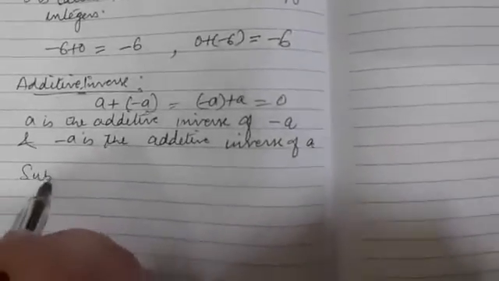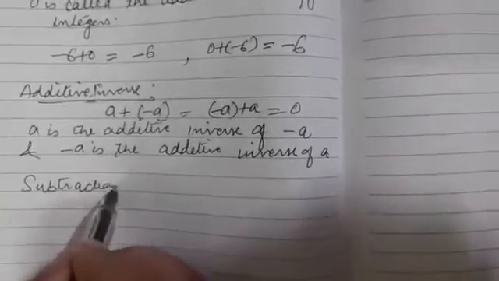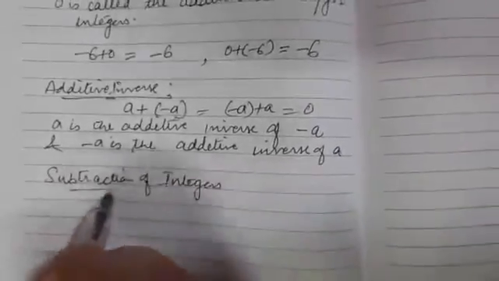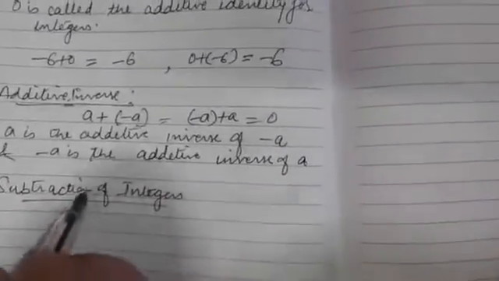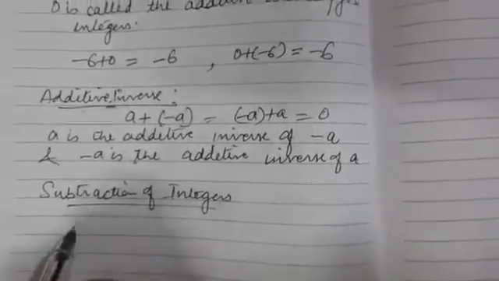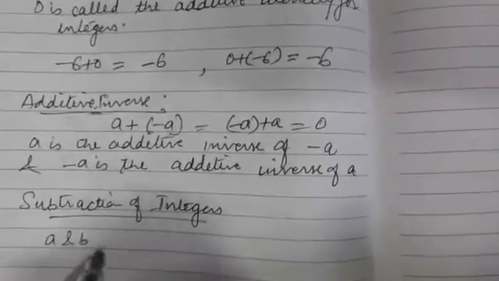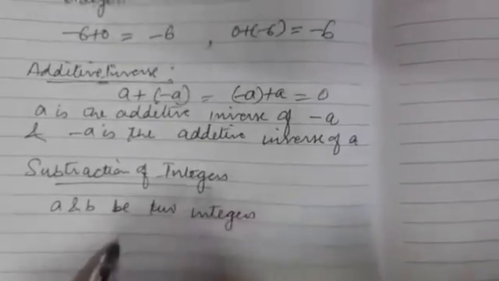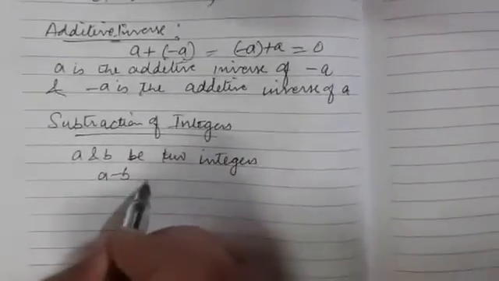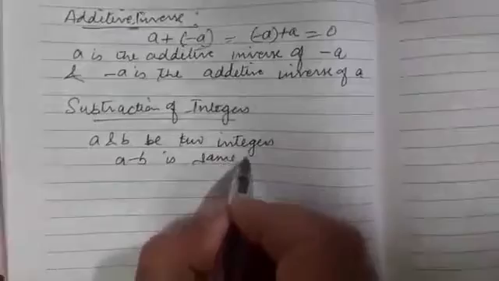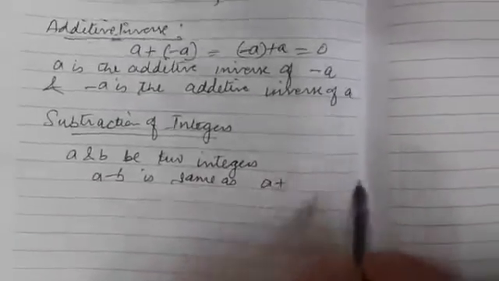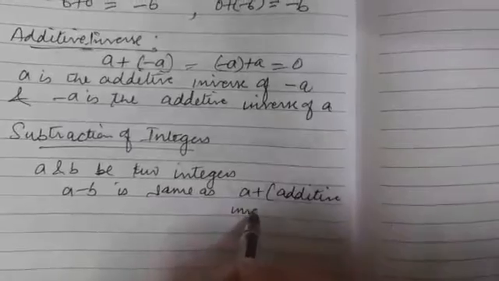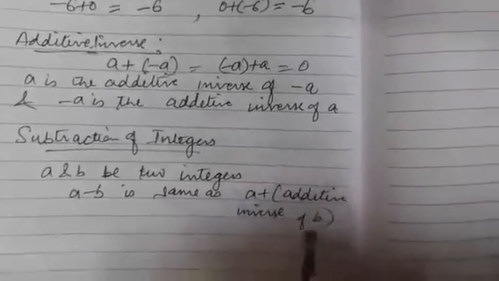Next is subtraction of integers. In subtraction, if a and b are two integers, then a minus b is the same as a plus the additive inverse of b.